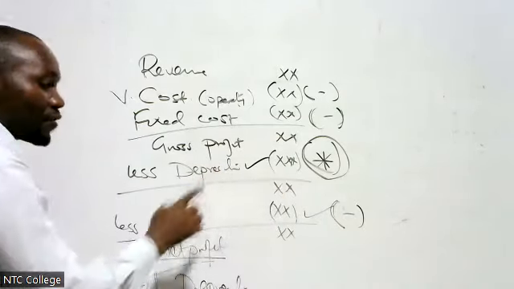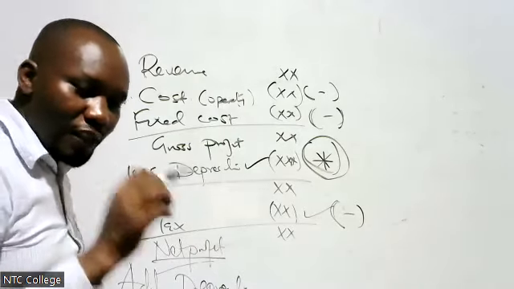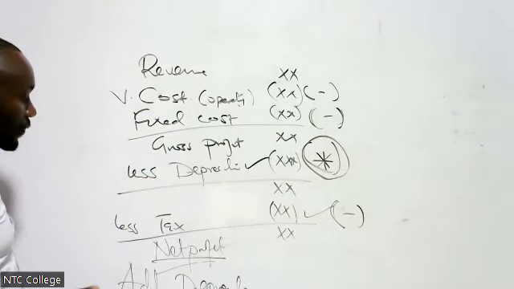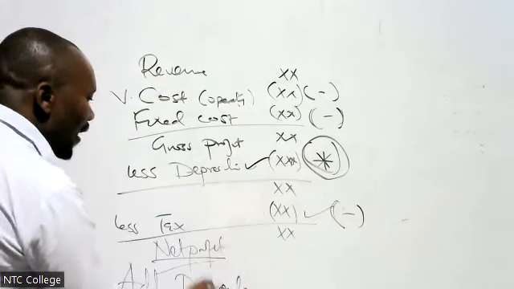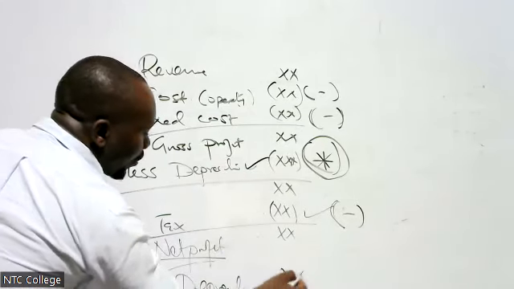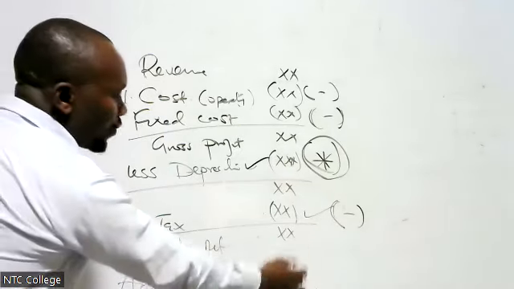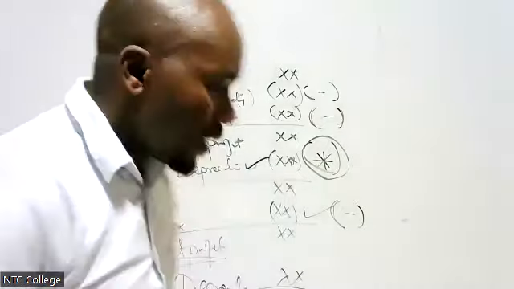So we add it back so that we say the truth: how much we have spent in terms of actual money going out. So that means that you need to remove this, tax it, and then add it back. Whatever figure that you're going to get here is now what we call cash flow. So that is the secret.